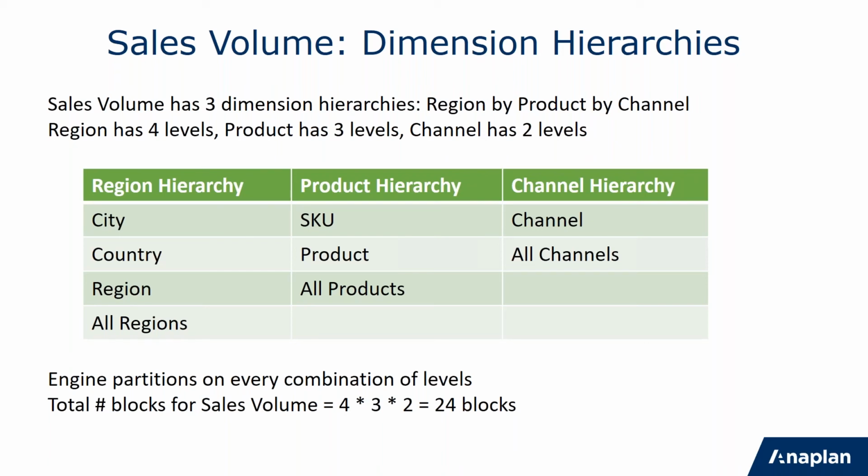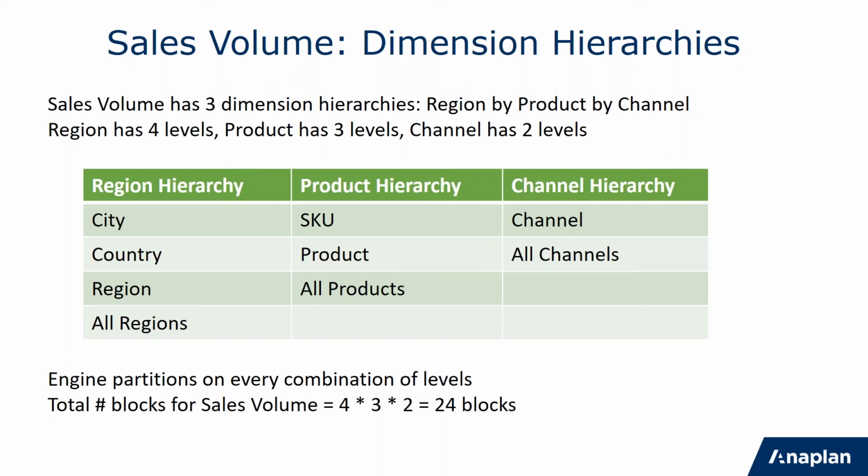Now, as you look at the data from within your browser, you can look at it at any level of aggregation. So you could look at it city by product, by all channels, or region by SKU, by channel. So with 4 region levels, 3 product levels, and 2 channel levels, that's a combination of 24 different ways of aggregating the data.